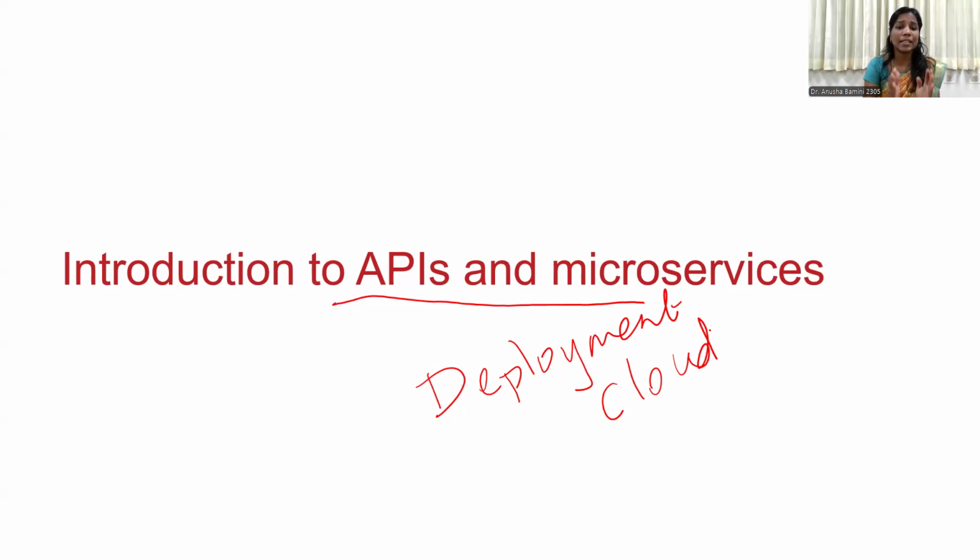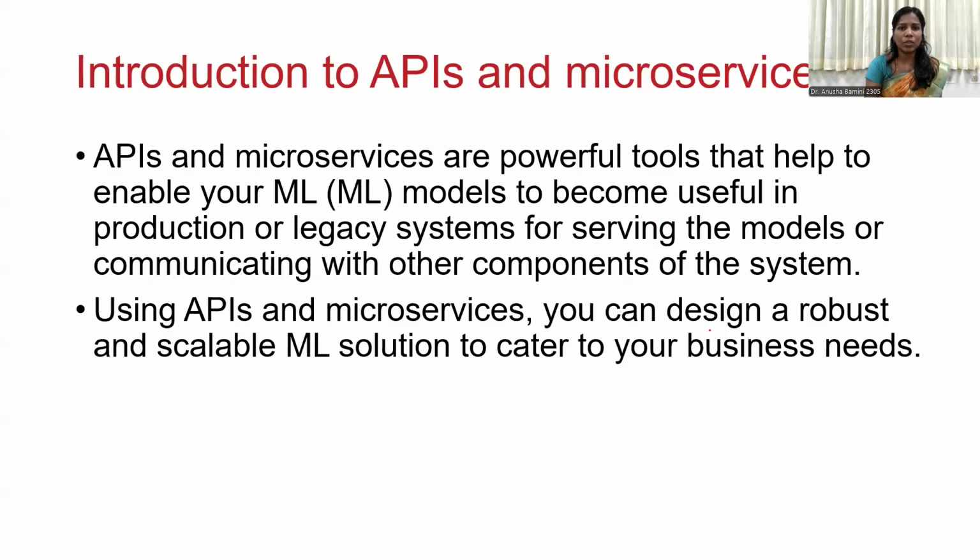To access these apps and applications, we need this API, application programming interface. This acts as an interface between the server and the user, the particular model and the server, because we hosted this entire model in the cloud environment. That's why we need this API and microservices. So this is the introduction about API.